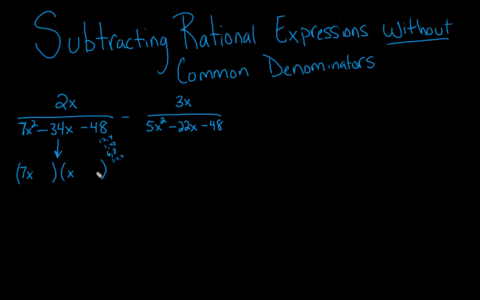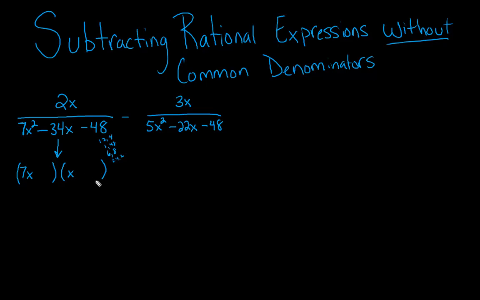If this was 4 over here, that would give us 28 and 12. So 28 and 12, we can't get to negative 34 like that. So that doesn't work. How about 1 and 48? Well, that probably wouldn't work either because we're going to have 48 here. 48 times 7 is a big number. If we flipped it around, we got 1 times 7. That's not going to work either because we're still not going to get down there.